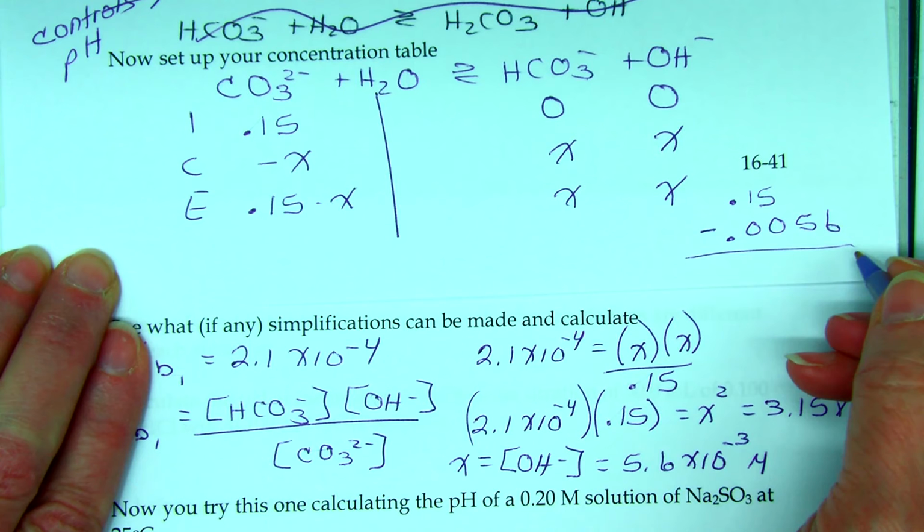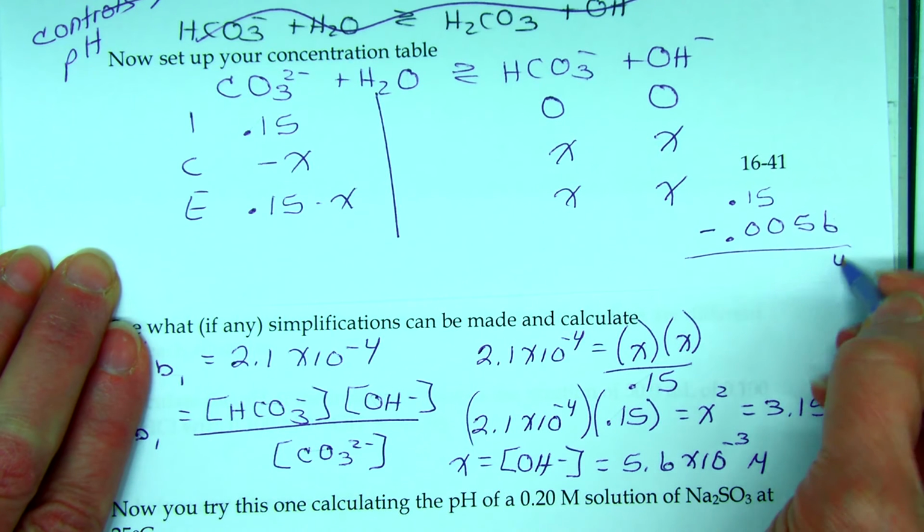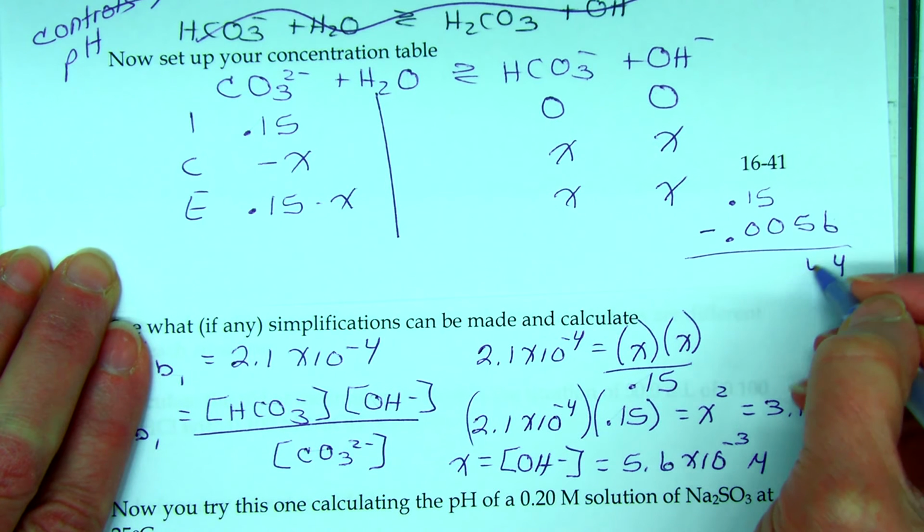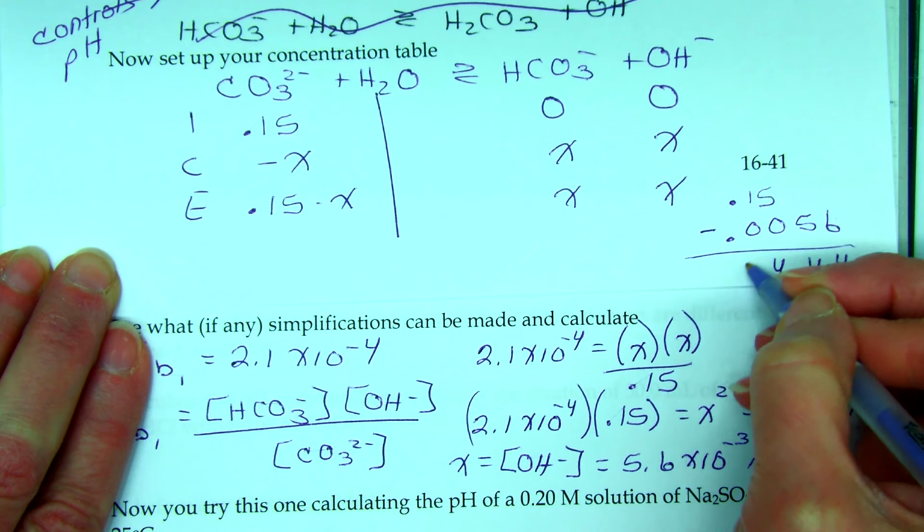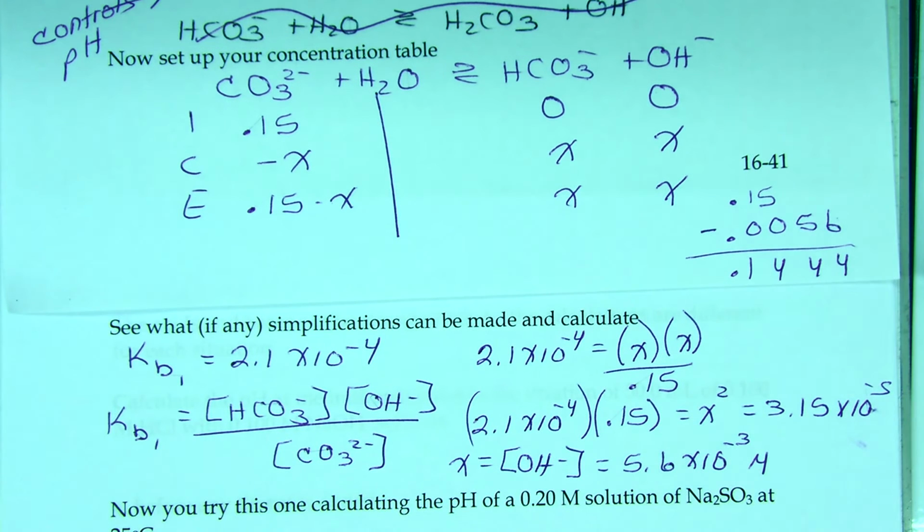So when I subtract, 10 minus 6 is 4, 9 minus 5 is 4, 4, 1. Is that close to 0.15? At this point, I probably would have rounded down to 0.14, but it's all the digits we're sure of and one with some uncertainty, so I'm rolling with it.